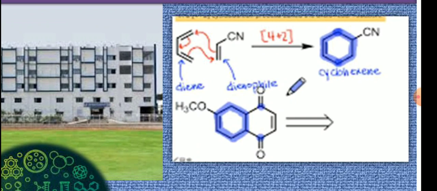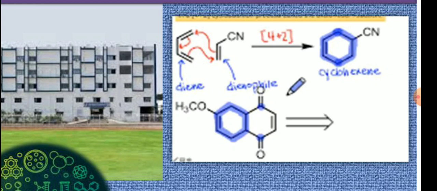So the first one is called diene and the second one is called dienophile, because two double bonds are present in the first, and in the next molecule one double bond is present. This is called dienophile, and the first one is the diene.